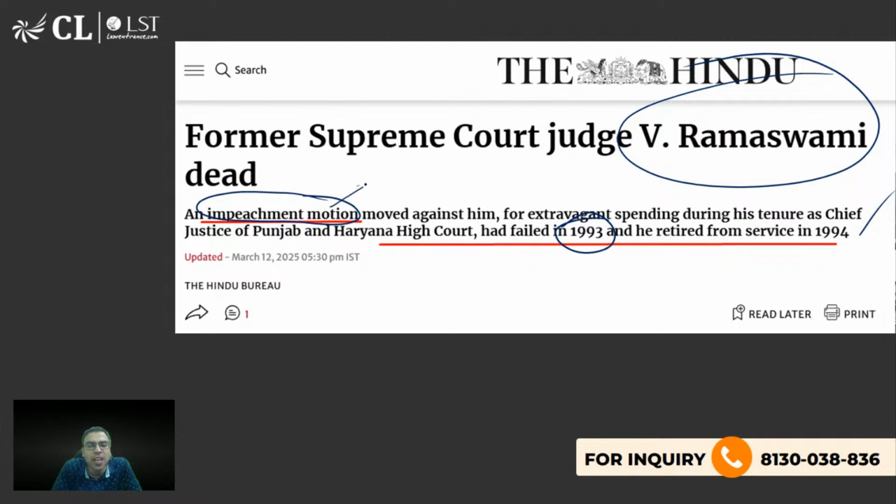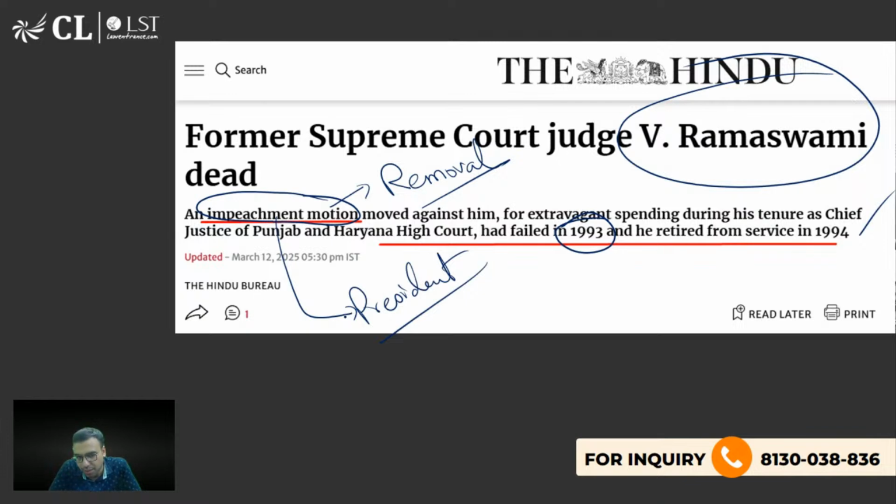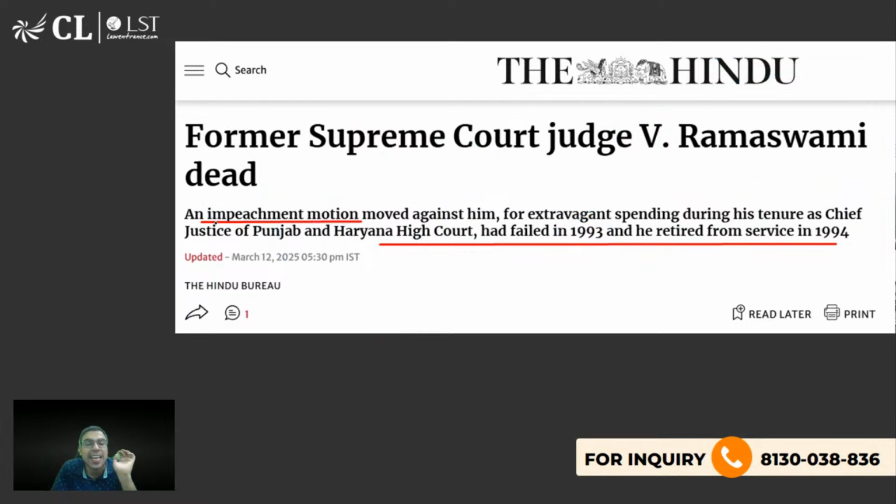This is generally used in common parlance. But it is better to use the word removal, because impeachment is for the president, and the process for removal of the president and the judge of Supreme Court is different. That is why, although The Hindu newspaper and many newspapers use this word impeachment motion, this is not technically correct. Technically correct is removal motion. Remember that.